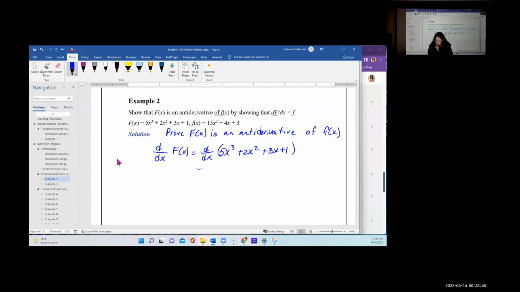And when I take the derivative of that, I get 15x squared plus 4x plus 3, which is equal to lowercase f of x. And that's my proof. So again, you're simply proving that it is an antiderivative by taking the derivative of it and getting back f of x.